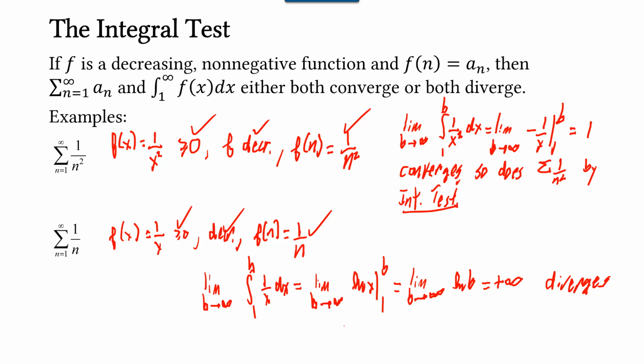So the series made up of the terms 1 over n also diverges. And it diverges by the integral test.